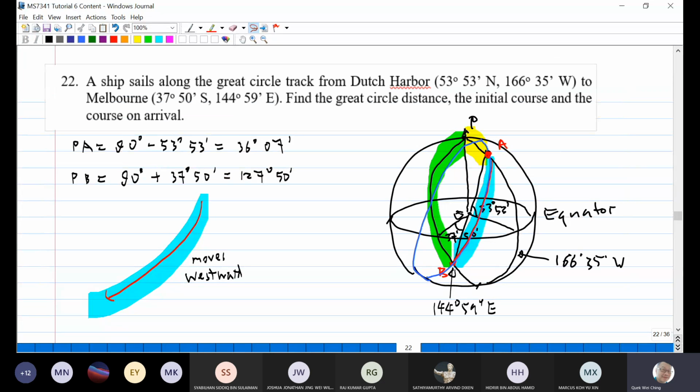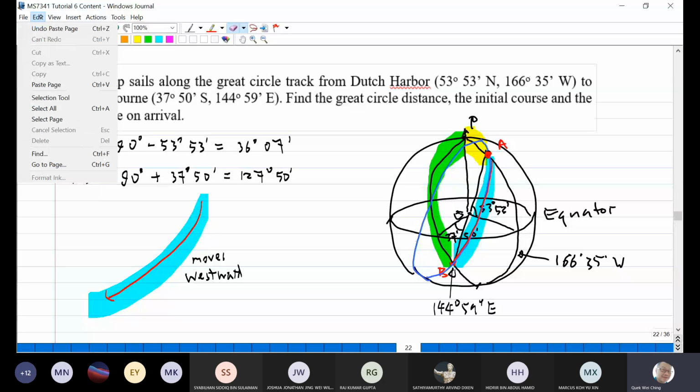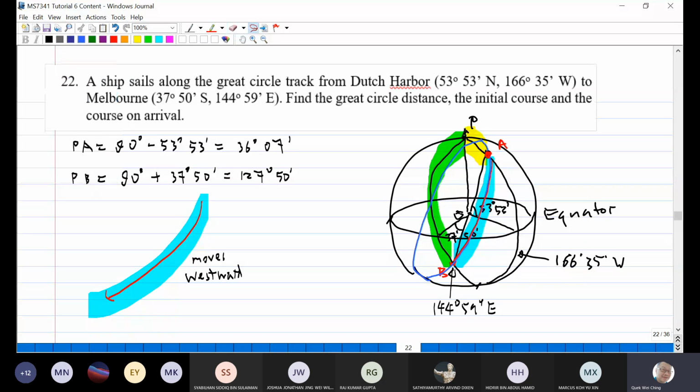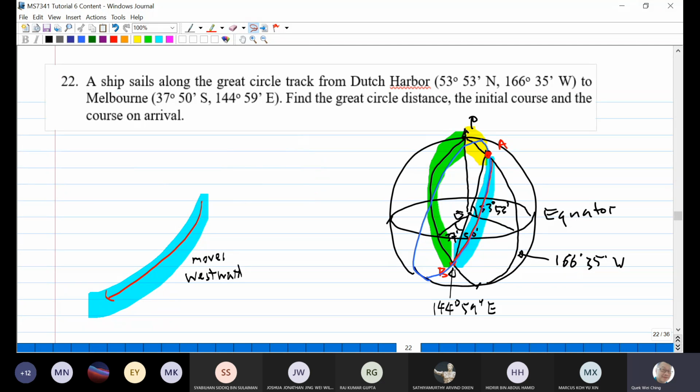So now, how do you find the angle P? All right, so I know PA is 36 degrees 7 minutes and PB is 127 degree 50 minutes now. So let me try to figure out the angle P. So the angle P, actually the point moves from A to B. Let me draw a picture for you.